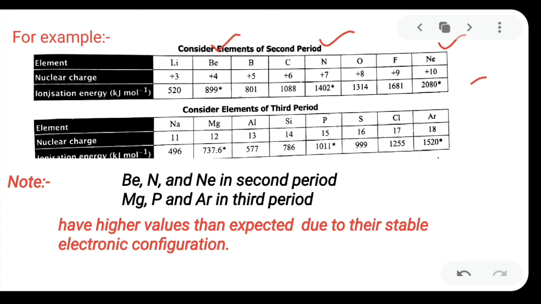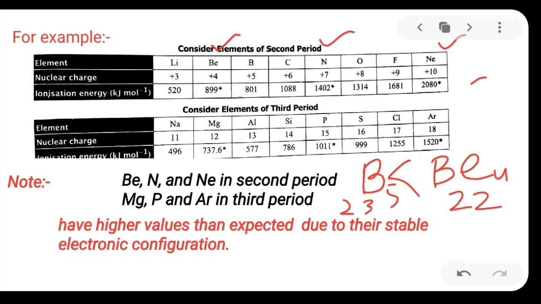Now let us discuss why boron has less ionization energy than beryllium. That is also due to the stable electronic configuration. The atomic number of boron is 5, so the electronic configuration is 2, 3. In the case of beryllium, the atomic number is 4 and the electronic configuration is 2, 2.